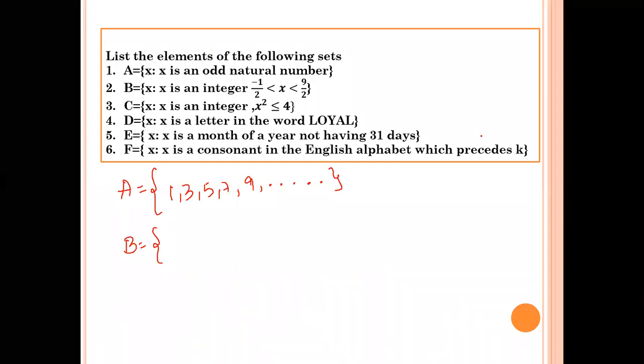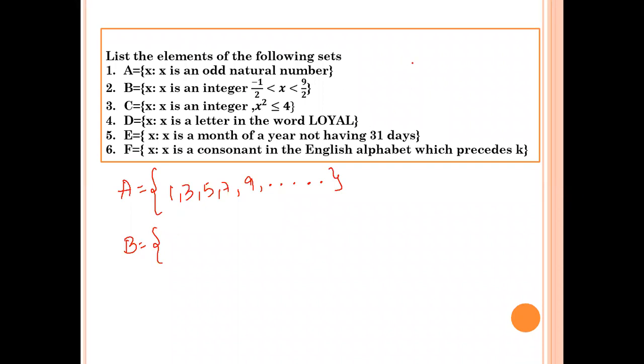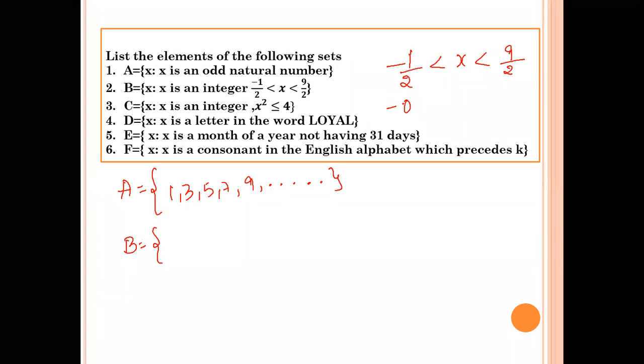X is an integer. Okay, X is an integer and between where and where should it lie? It should lie between -1/2 to 9/2. Okay, so -1/2 is how much? -0.5, correct? Then what is 9/2? 9/2 is 4.5, correct?